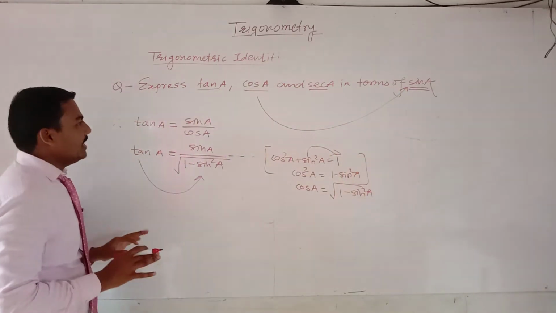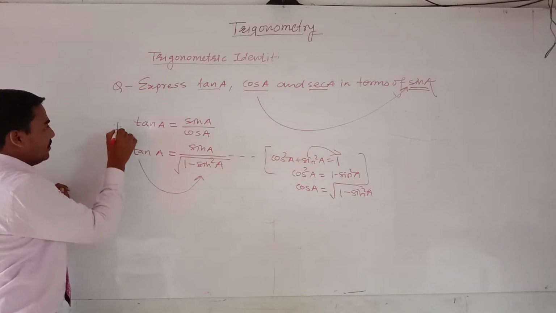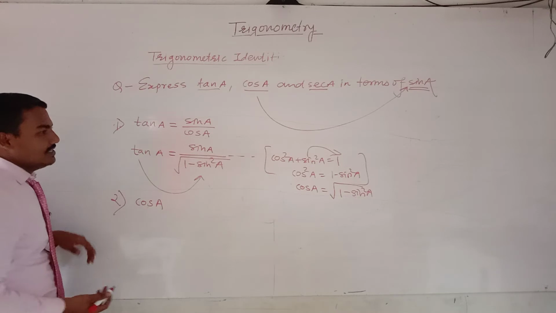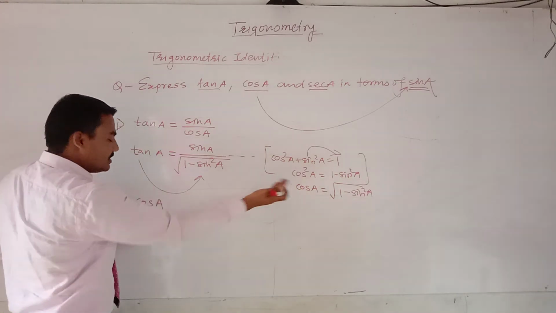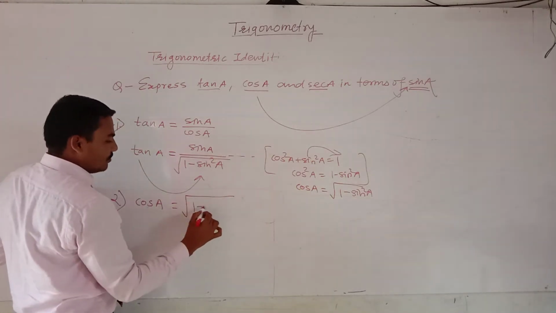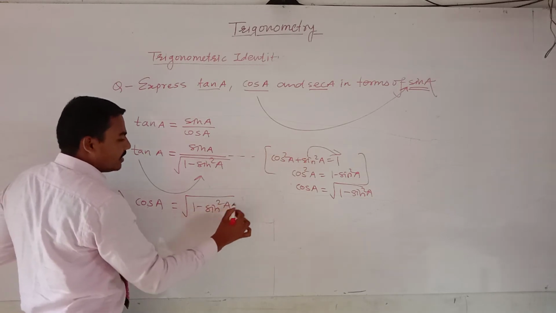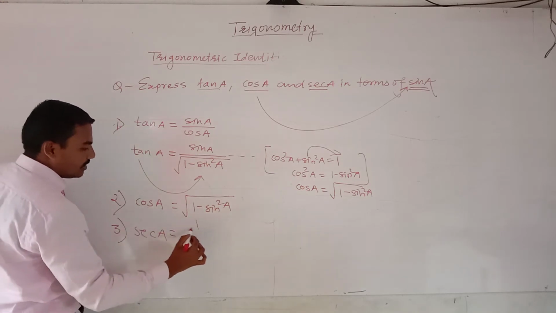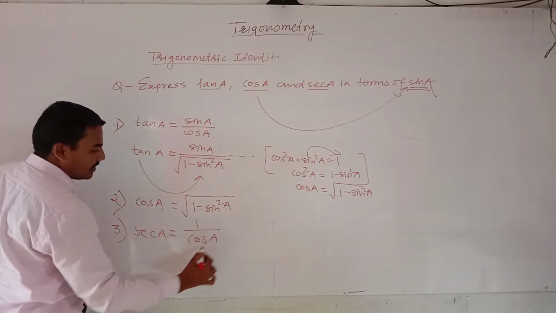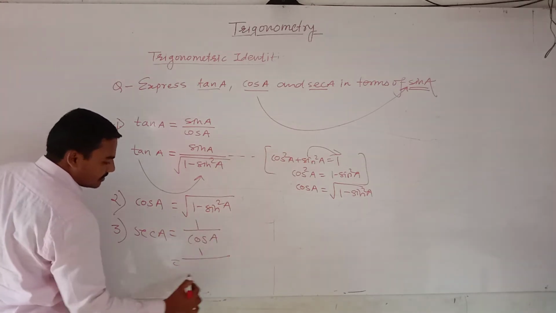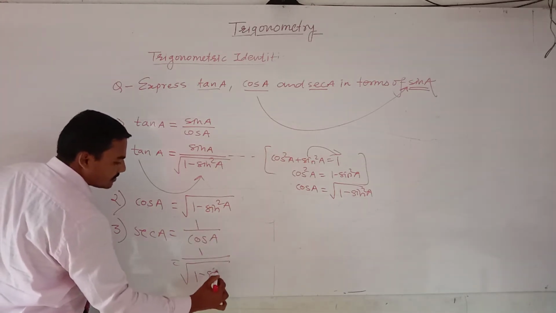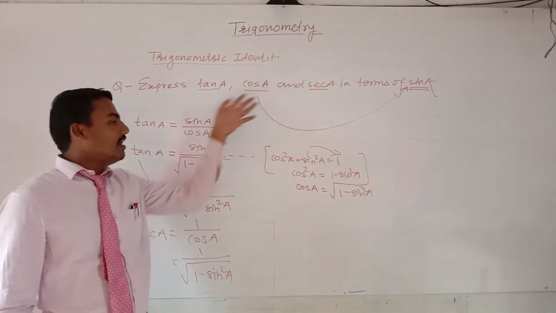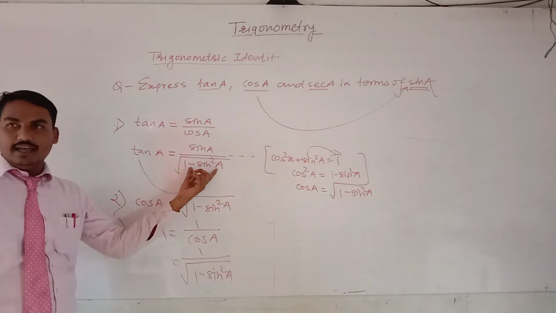Understood? Now next, it is first, second, cos A. Cos A we have already converted. Cos A is nothing but under root 1 minus sin square A. Third, sec A. Sec is nothing but 1 by cos A, and cos A is under root 1 minus sin square A. So all trigonometric ratios, tan A, cos A and sec A, I have expressed in terms of sin A only.